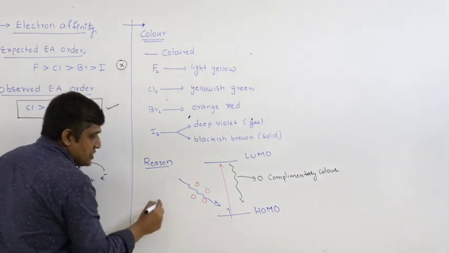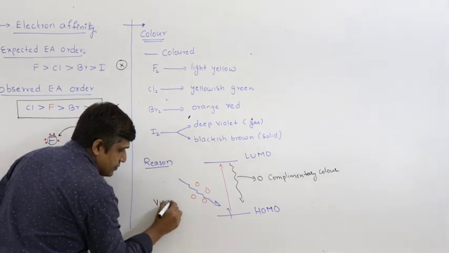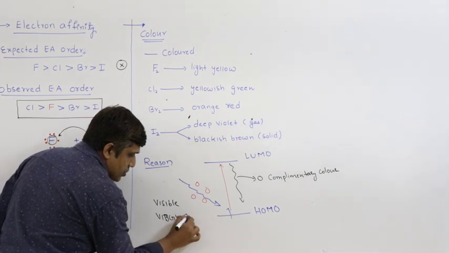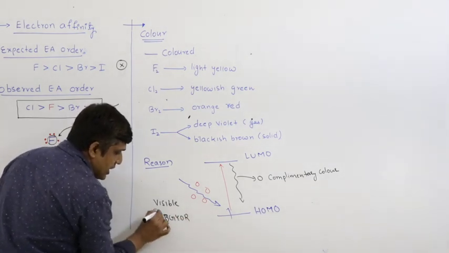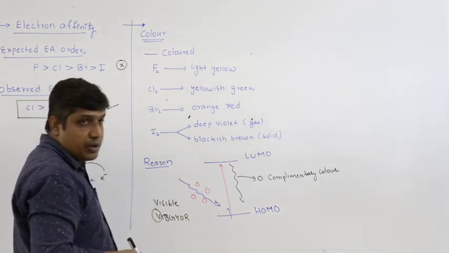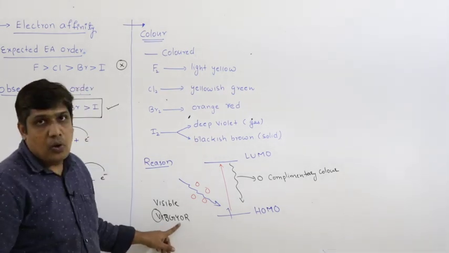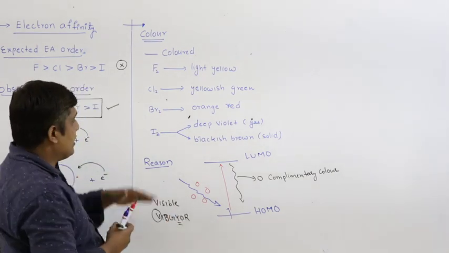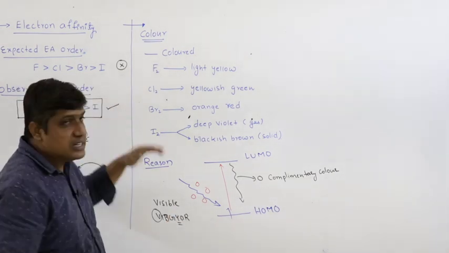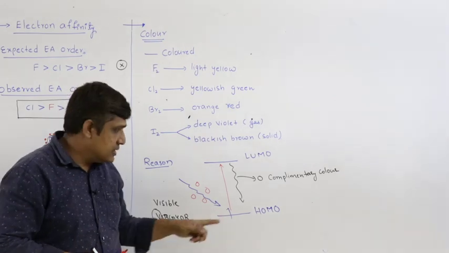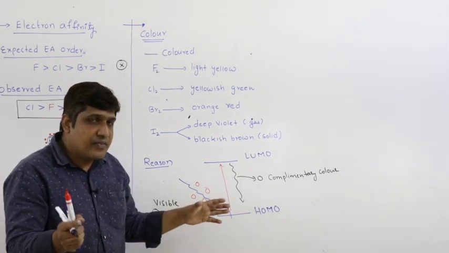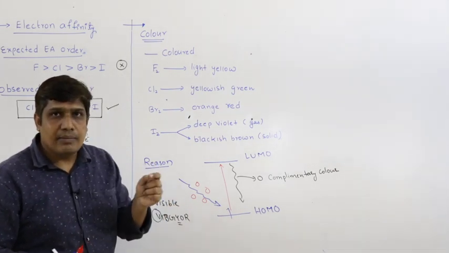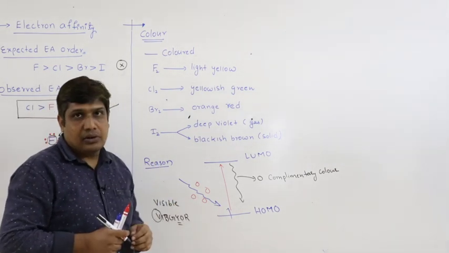So here, which light is it absorbing? Visible light, which is nothing but VIBGYOR. Fluorine absorbs violet light and emits its complementary color, light yellow. But when I come to iodine, from fluorine to iodine size increases. The valency electrons are farther from the nucleus compared to fluorine, so the effective nuclear charge is less. Therefore, you have to supply less energy to excite that electron.